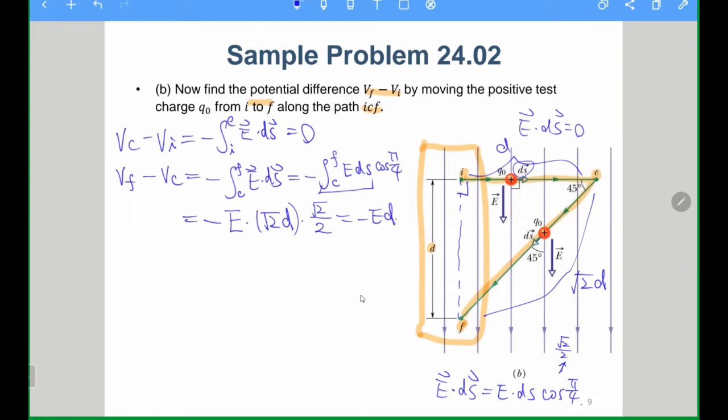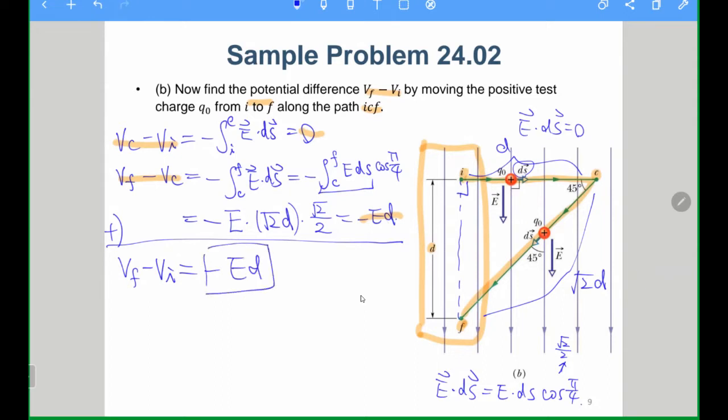Okay, so we add these two equations together. VC and negative VC will cancel. When we add them together, we have VF minus VI equals 0 plus negative ED, which is negative ED.